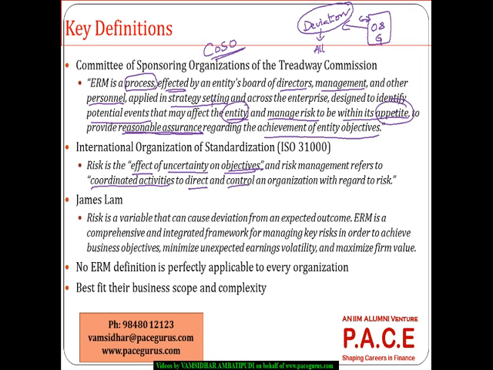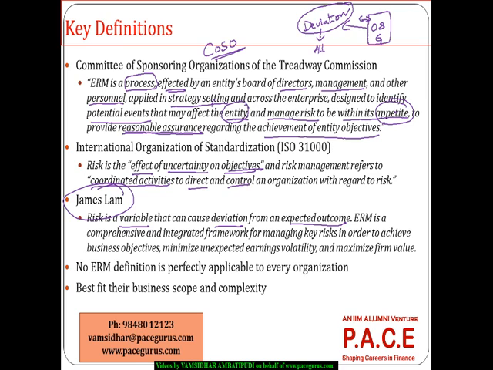International Organization for Standardization. And one of the famous writers in risk management, authors in risk management, James Lam, came out with: risk is a variable that causes deviation from an expected outcome. So I'm expecting that I should generate this much of revenues.